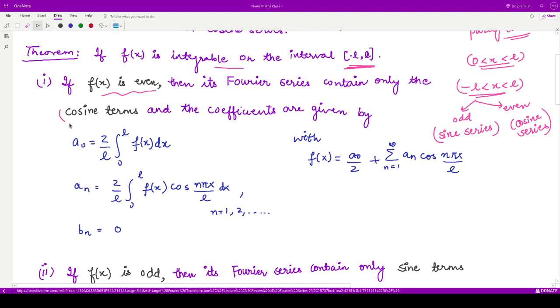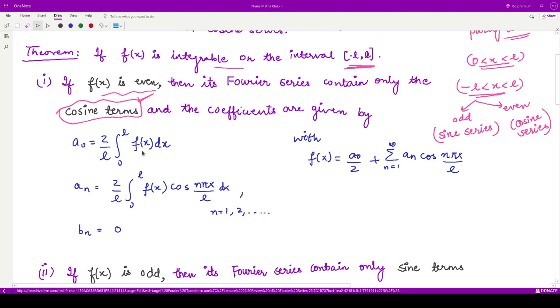This we have seen in the previous video where we discussed these two cases, when the function was even and when the function was odd. In this case, when the function is even, we have cosine terms and the coefficients are given by a0 equals 2 upon L integration from 0 to L f(x) dx.